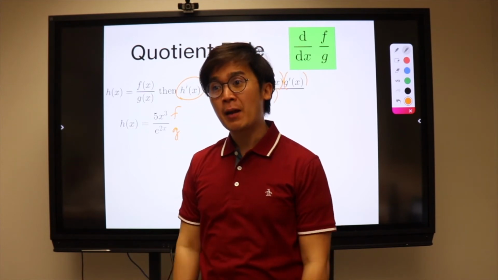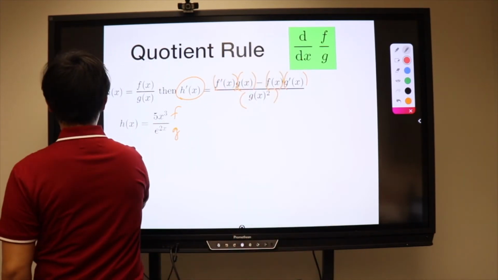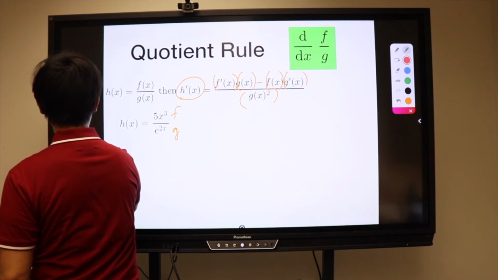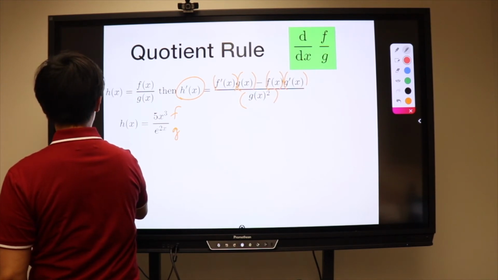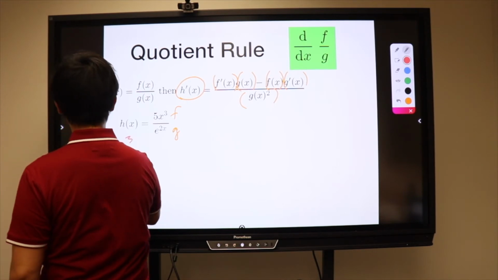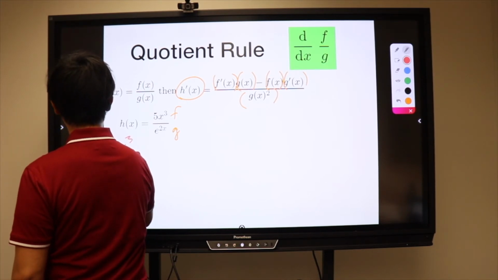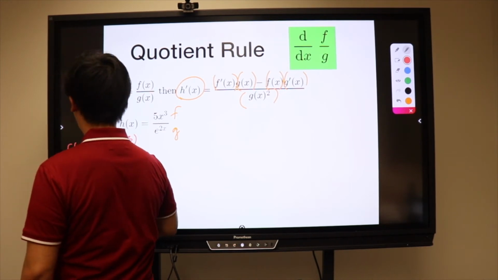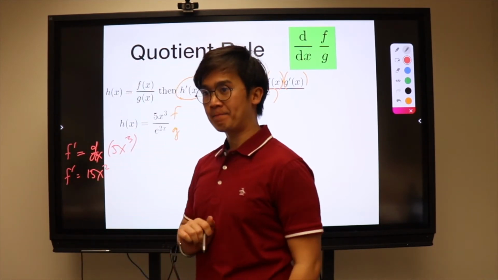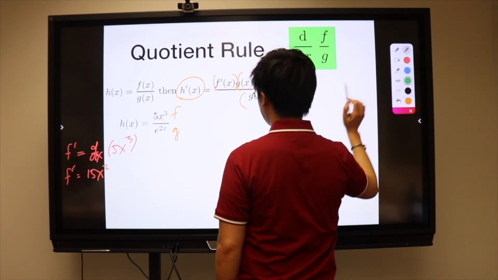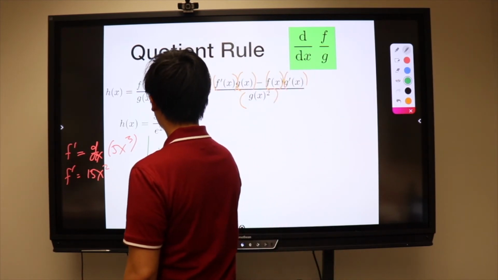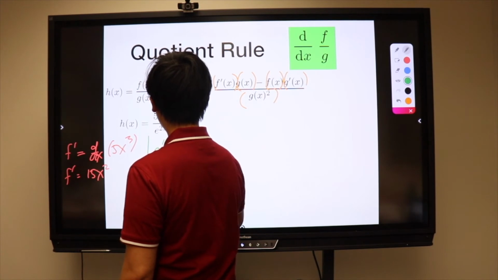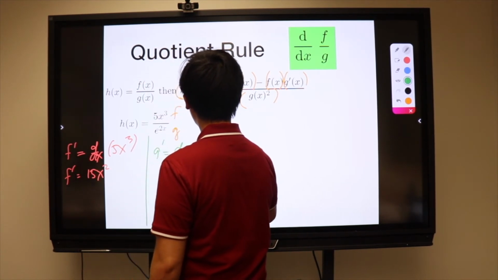Let's find f prime and g prime. Starting with my f prime, which is d/dx of 5x cubed. F prime is going to be 15x squared. Right? And then my g prime is the d/dx of e to the 2x.